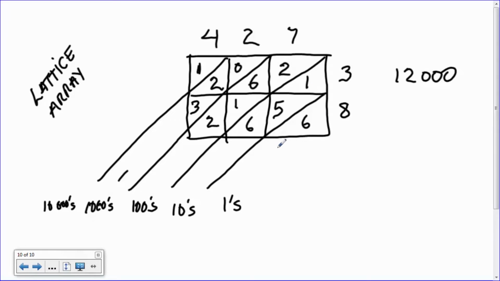So this is 6. Now remember, this is the tens column. So it's 6 tens and 5 tens is 11 tens, and 1 ten is 12 tens. This is the hundreds column. So this is 6 hundreds and 2 hundreds, 8, 9, and 2 more is 11 hundreds.